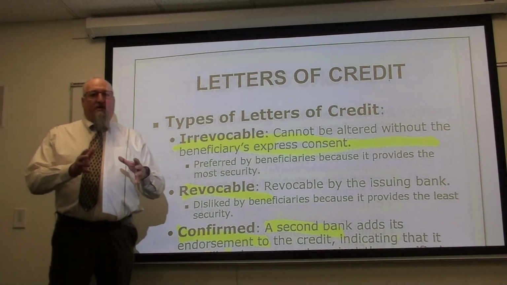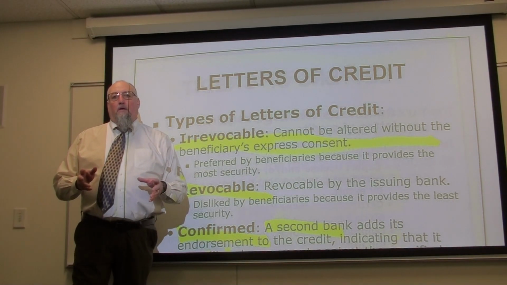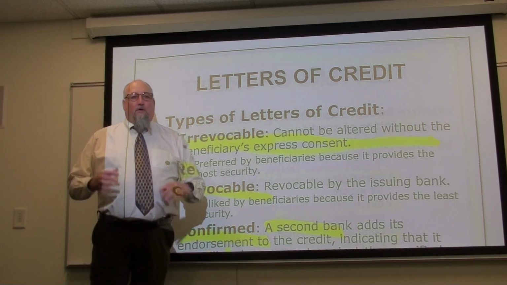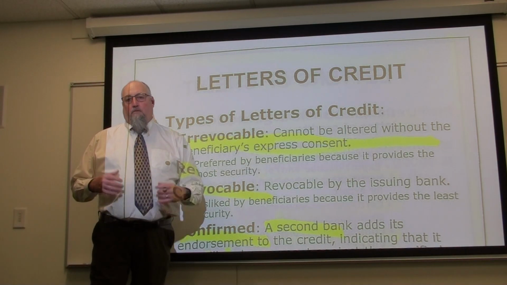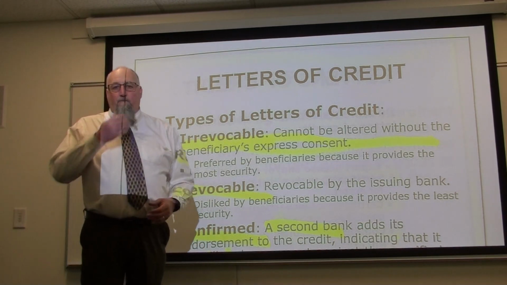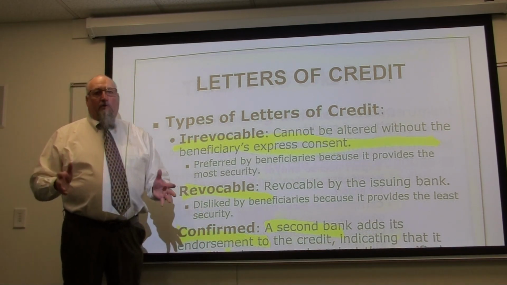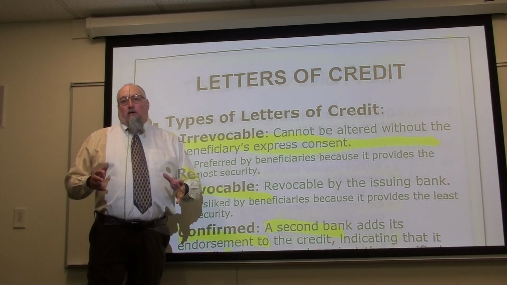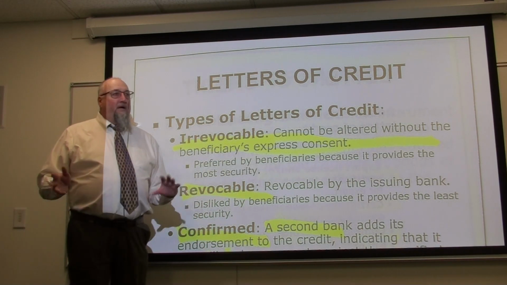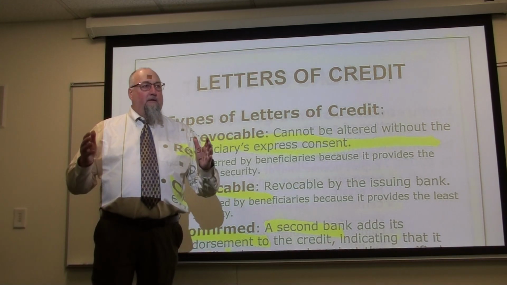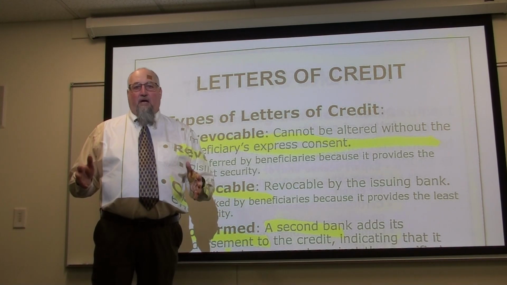So what that means is once the bank has issued the letter of credit with all of the conditions, the exact amount, the name of the beneficiary seller, the party, that letter of credit cannot be changed. Now it may have a time limit on it depending on the transaction, but during that time limit, that letter of credit is guaranteed payment.